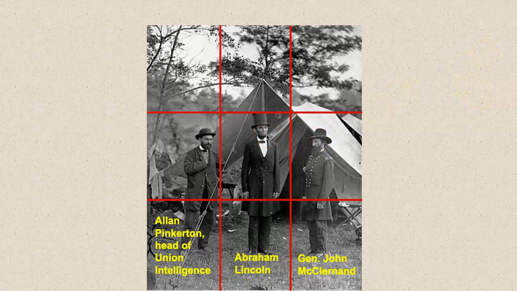Even though the rule of thirds tells us this is not the preferred way to compose the photo, you might notice that this tent in the background seems to frame Lincoln, with the top point of the tent appearing in the upper center section of the photo.